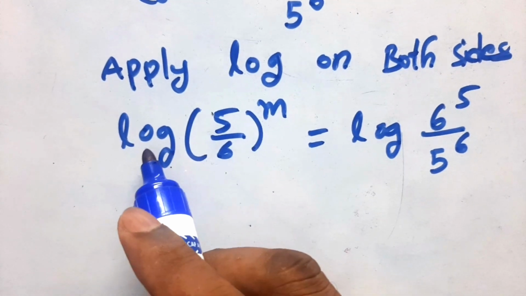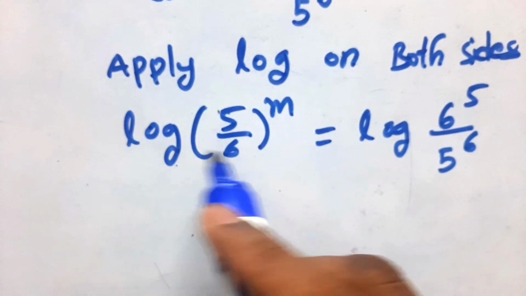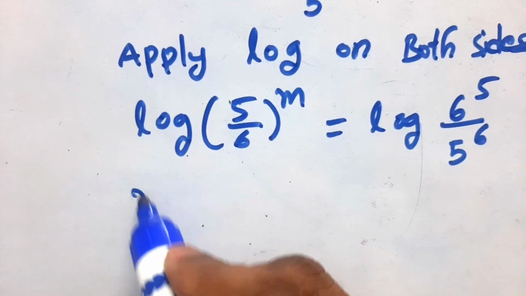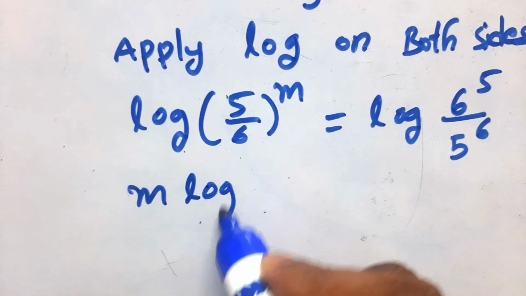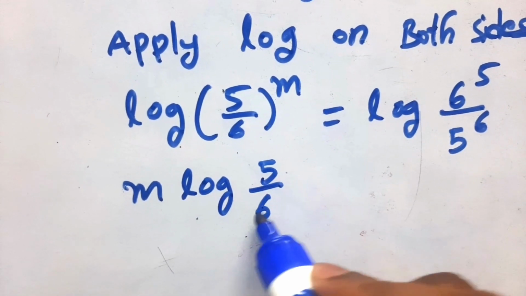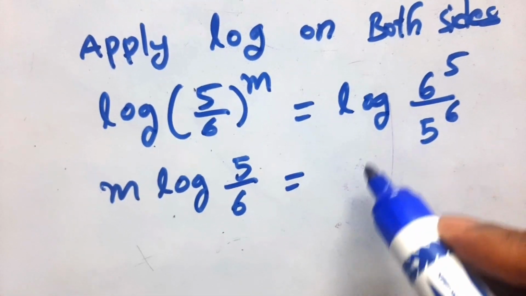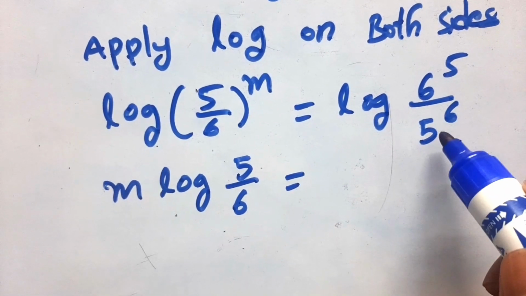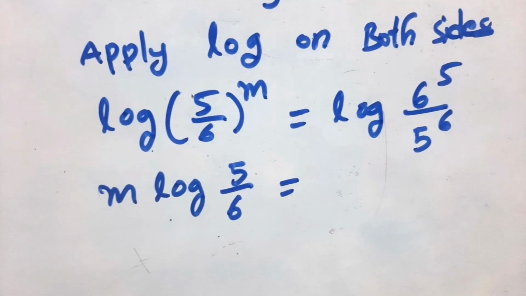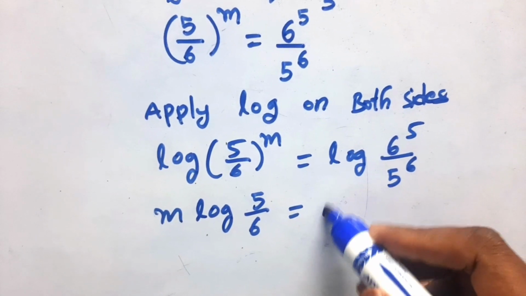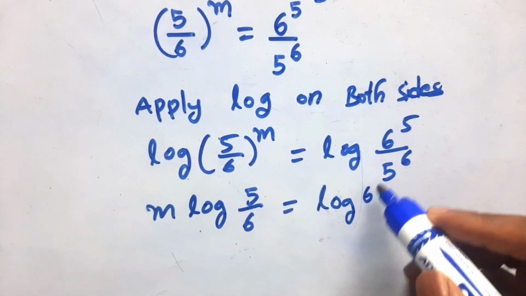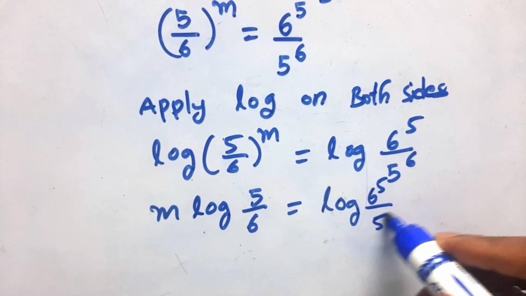You know that log x power m formula, m log x. So m taken here, m log 5 by 6 is equal to this one, log a by b, log 6 to the power 5 divided by 5 to the power 6.